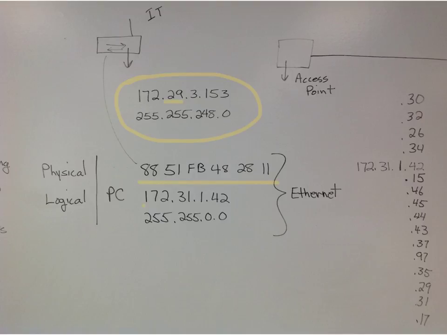For example, I copied the IP addresses and information on my PC when I was connected to the wired network. Okay? It's actually a different MAC, and it was a different PC, and actually a different mask. Subnet mask.